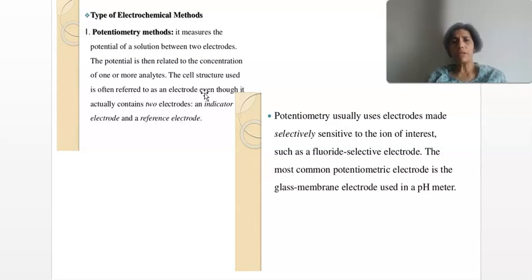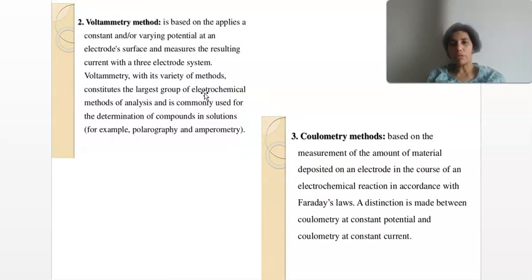Potentiometry usually uses electrodes made selectively sensitive to one ion of interest, such as a fluoride selective electrode. The most common potentiometric electrode is used in pH-metry, where we measure the H plus ion concentration, and they are basically the glass membrane electrode.